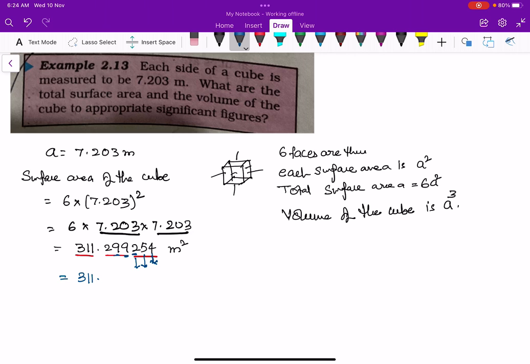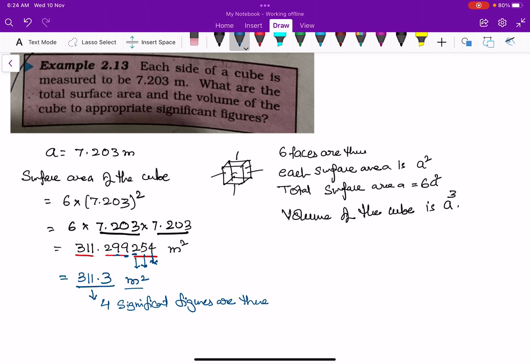So 9 plus 1 is 10, 0, 3. This is 311.3 meter square. This is the answer. How many digits are there? Here 4 significant figures are there.